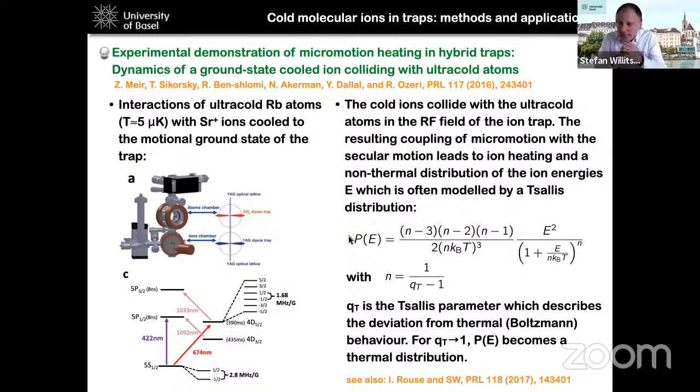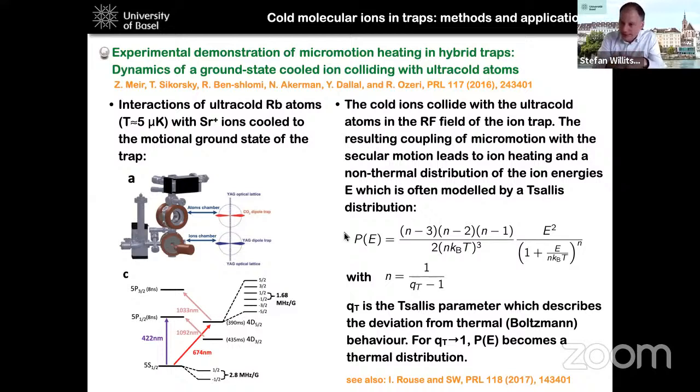And it turns out that the ion energy distributions that one gets here can be understood in terms of a so-called Tsallis distribution. The Tsallis distribution is a generalized distribution which can be written down in different ways; one is given here from this paper. These are energy distributions that one gets for non-equilibrium systems, which under certain conditions can assume the form of Boltzmann distributions again.